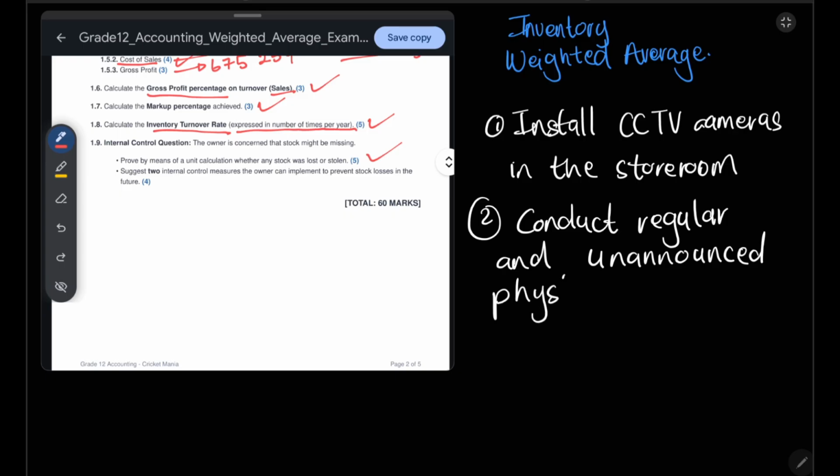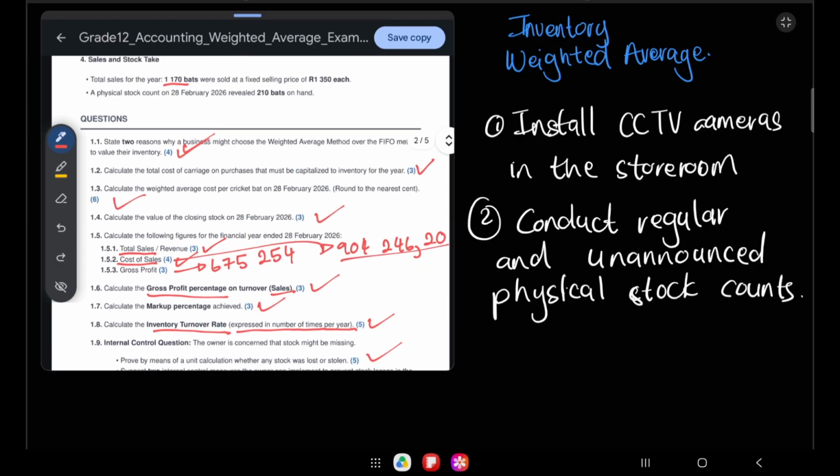Yes, what else? I think they just said 2. So those are the 2 points that I can think of. They could install CCTV cameras or do regular inventory counts. Those are the 2 ways in order to ensure people don't steal any inventory. And that is all under the weighted average.